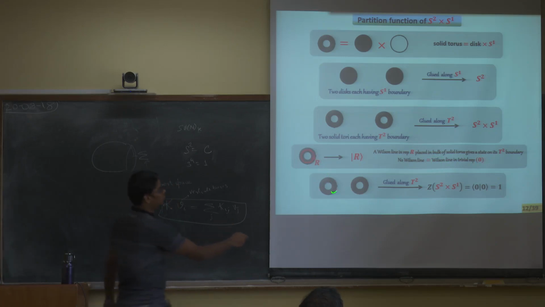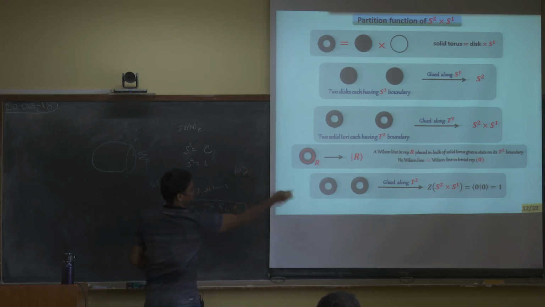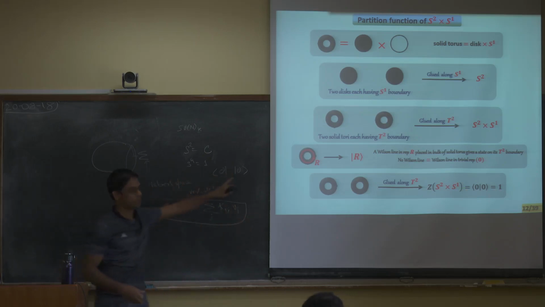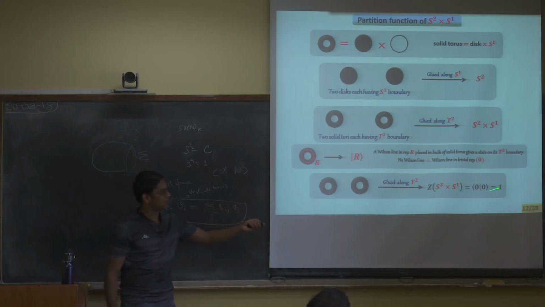So if we take two solid tori with no Wilson line, we do the path integral and get the vector 0 on each part. When we glue them, we take the inner product of these two vectors, and that gives the partition function of the glued manifold, S2 cross S1. Hence, the partition function for S2 cross S1 is 1.